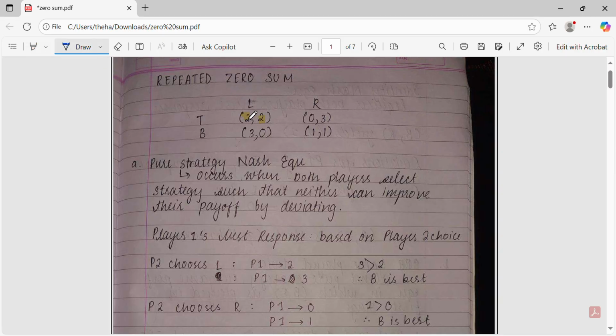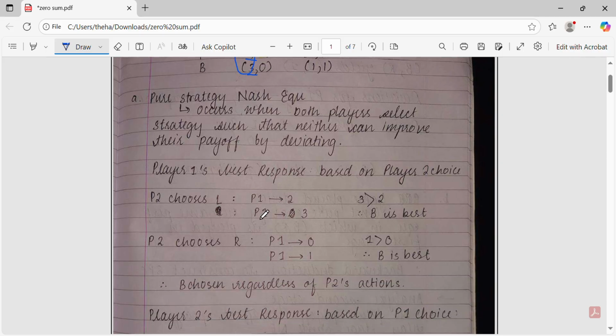When player 2 chooses L, player 1 can get 2, or player 1 can get 3. These are the two possible values that player 1 can have.